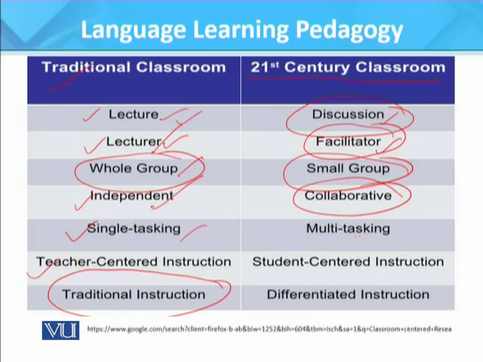It's not single tasking, it is multitasking. Since the communication process is all about multitasking, the tasks which are given to students are multitasking, having different subtasks within that broader task for students to carry out in the classroom. It is definitely student-centered instruction, where the students are the focus of learning rather than the teacher, and differentiated instruction.